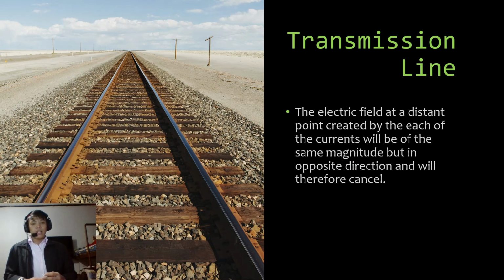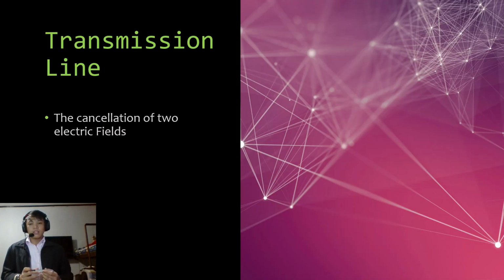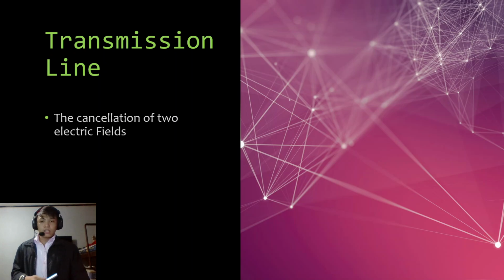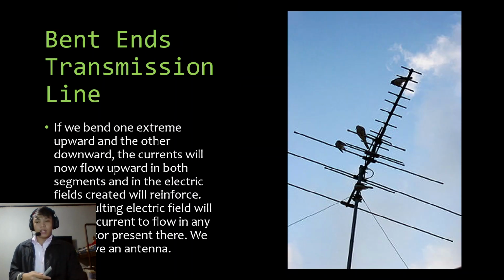The electric field at a distant point created by each of the currents will be of the same magnitude but in opposite direction and will therefore cancel. The cancellation of the two electric fields is inherent in a transmission line.